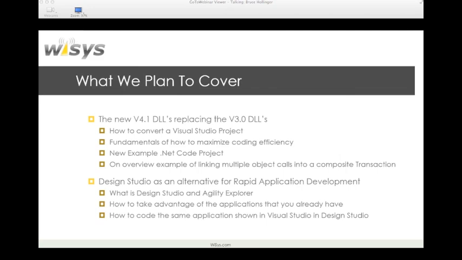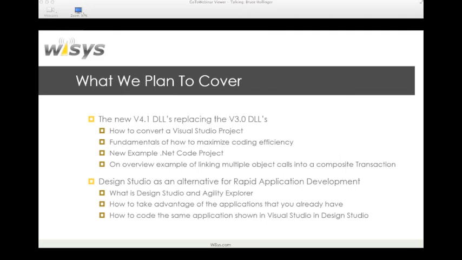And then we're going to show you a Design Studio example. Randy is going to give an example for rapid application development. That's our tool set that sits on top of our .NET DLL objects.